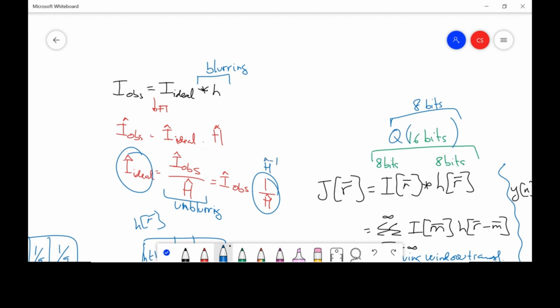So if you know how to blur something, there exists a kernel such that the ideal image is the observed one convolved with the inverse Fourier transform of this one.